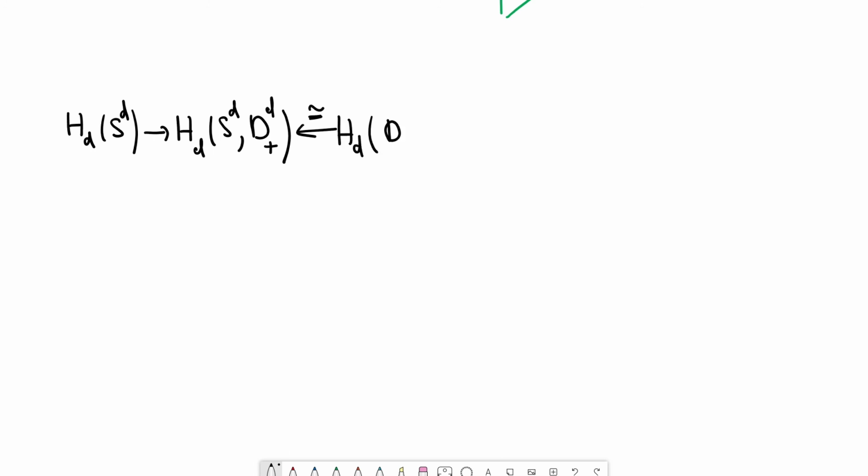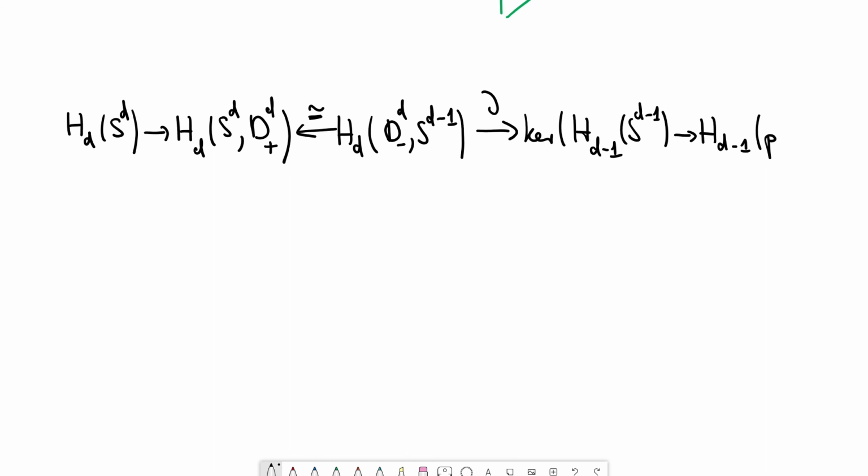So let's write again how this horizontal isomorphism arises. It was the following. HD of SD goes to HD of (SD, D plus), and then excision, HD of (D minus, equator), and then you go with the boundary map to HD-1 of S^(D-1), but actually you land in the kernel of the map, as we have seen, from HD-1 of S^(D-1) to HD-1 of the point, which, if D is greater than 1, is actually just HD-1 of S^(D-1).